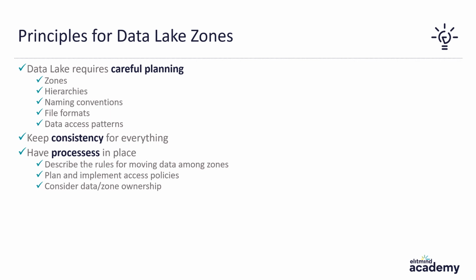You should have processes of loading the data from your original systems into the data warehouse part of the analytics platform. You should write down your access policies to make sure that you're not going to grant any access to sensitive data to unexpected users. And also you should consider data and zone ownership to make sure that there is somebody responsible for each portion of data being kept in the data lake.